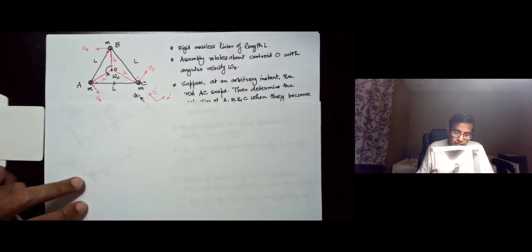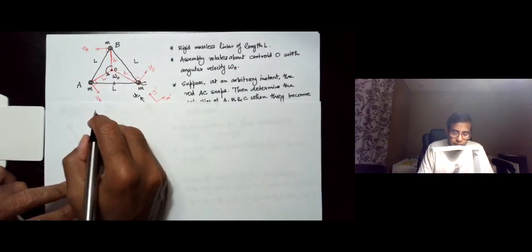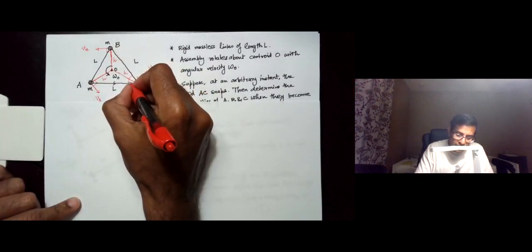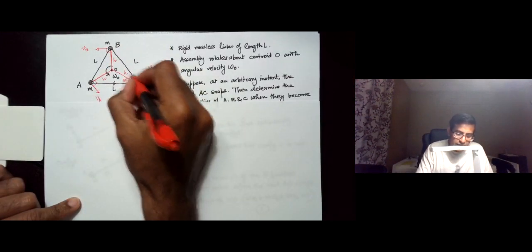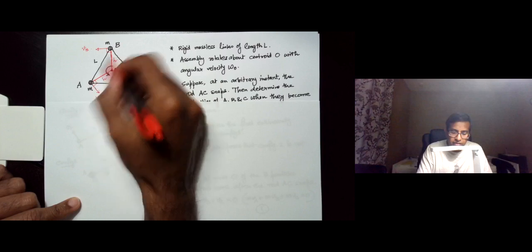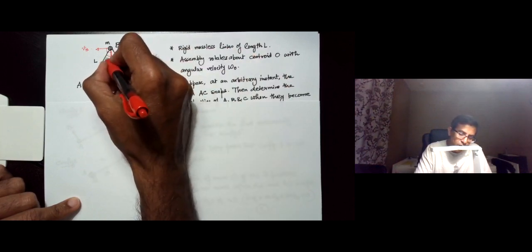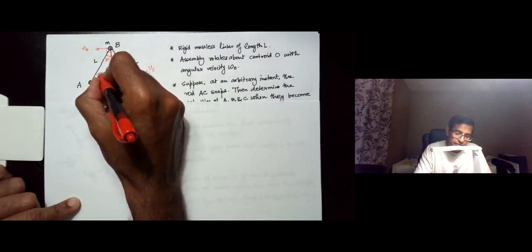First of all, from geometry we can see that this overall angle is 60 degrees, because this is an equilateral triangle, so all these angles are 60 degrees, and therefore this small angle is 30 degrees, and so is this angle.